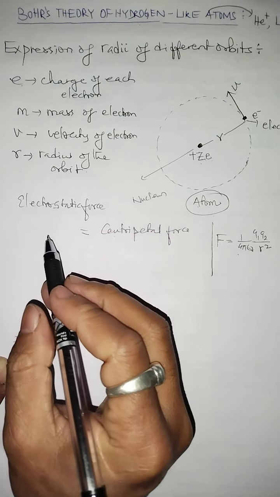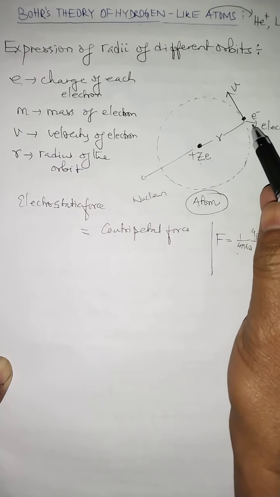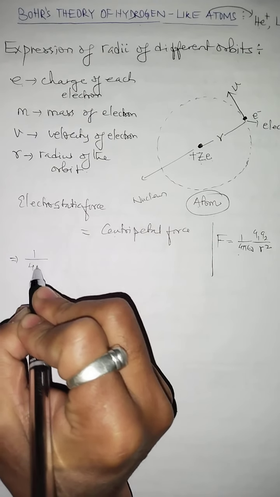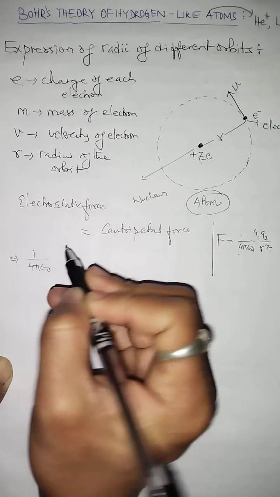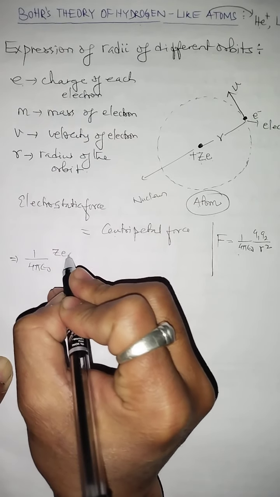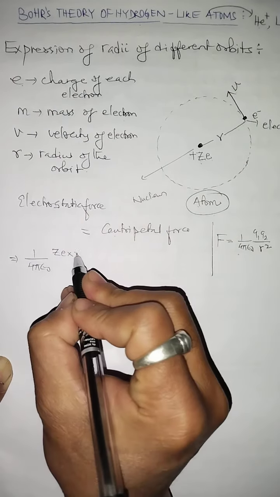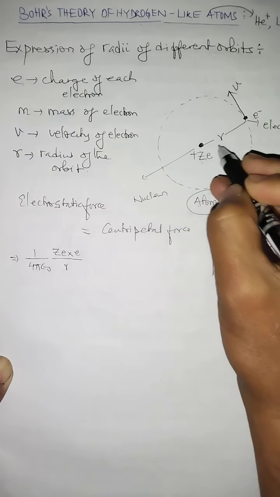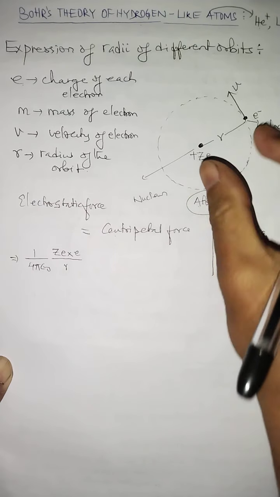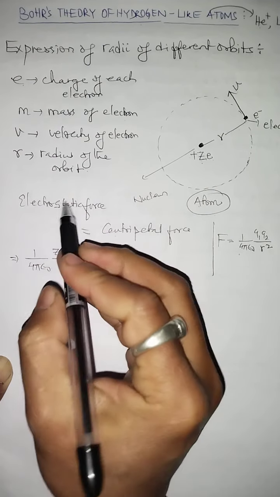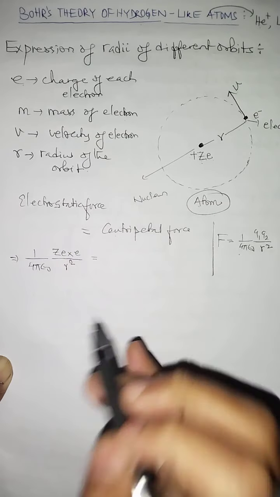The force between the positive charge of the nucleus and the negative charge of the electron is 1 by 4 pi epsilon naught into the charge of the nucleus, Ze, the charge of the electron, e, divided by the distance r square. This is the electrostatic force, but that is equal to the centripetal force.